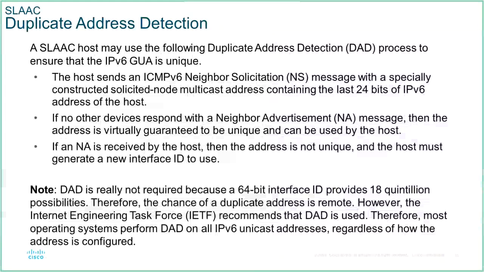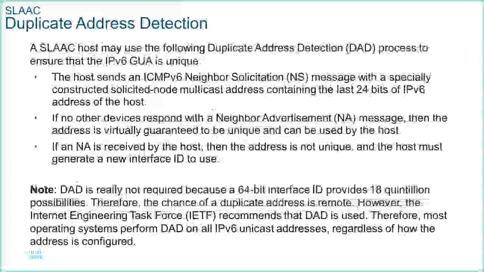So when we get a unicast address, we need to make sure it's unique, and that's why I continually keep interchanging global unique address and global unicast address, because it's a unicast, but it's got to be unique. That's a common thing that I do.